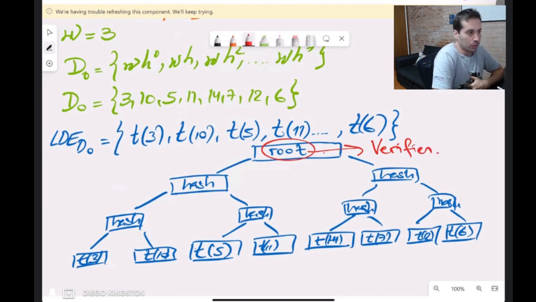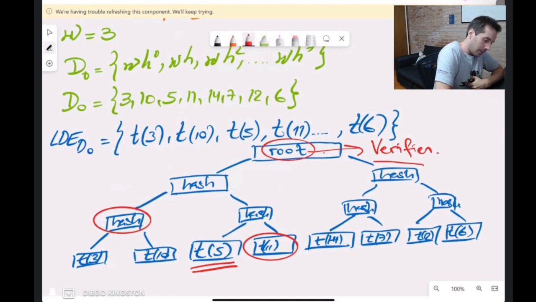Whenever he wants to send an element belonging to this Merkle tree, say, for example, the value T of 5, then he needs to pass an authentication path, which is given by this element and this element here.